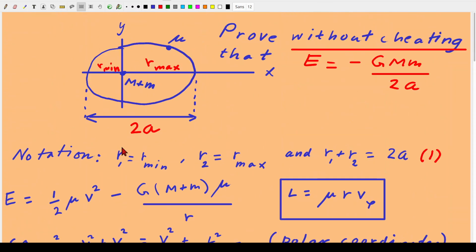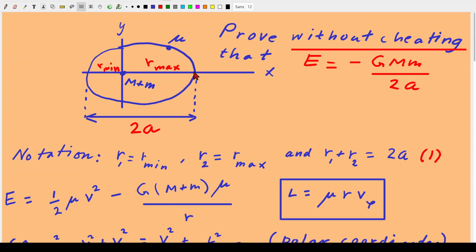So when you have the extreme points here, here's r2, and there is the r1 distance. Can you see that right here the velocity is purely in the phi direction?